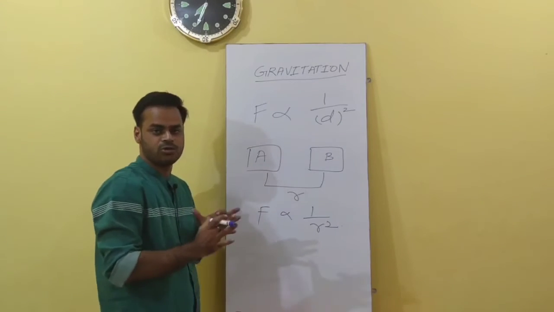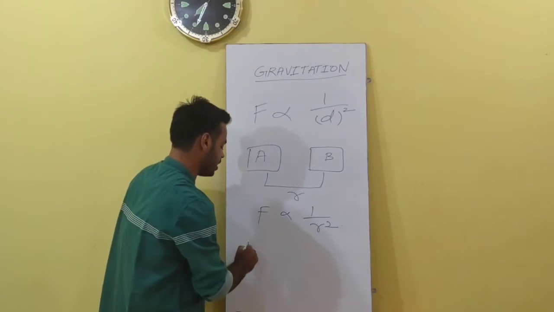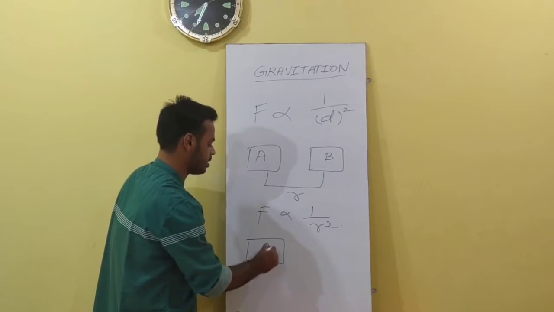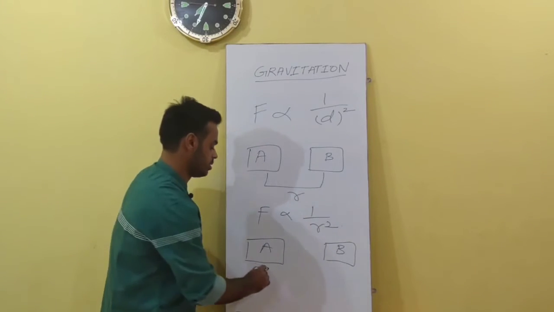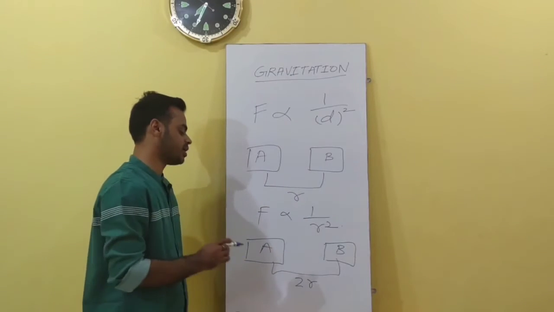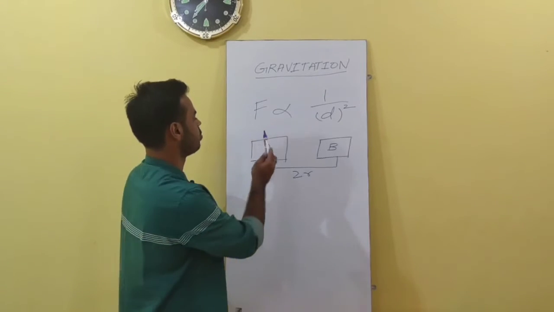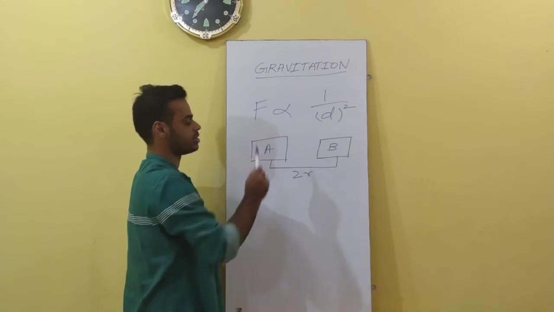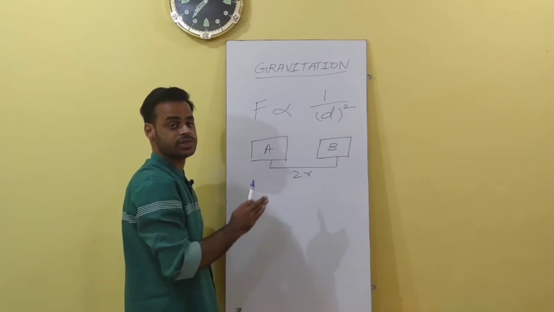So now let us again do some maths with this parameter, that is the distance. What we will do is increase the distance. Now let us say again the same blocks, block A and block B. Earlier the distance was r.